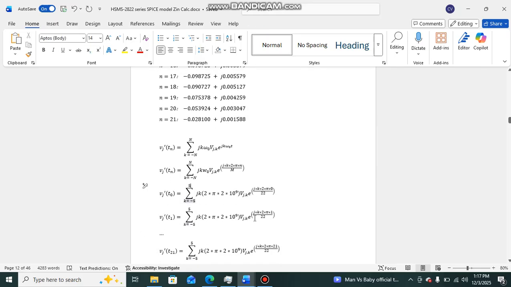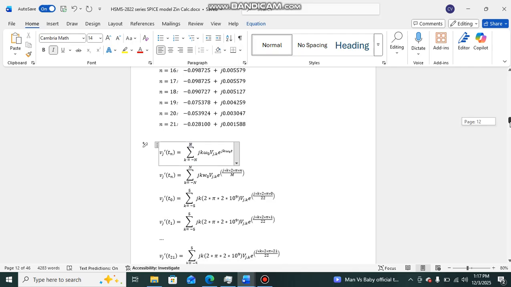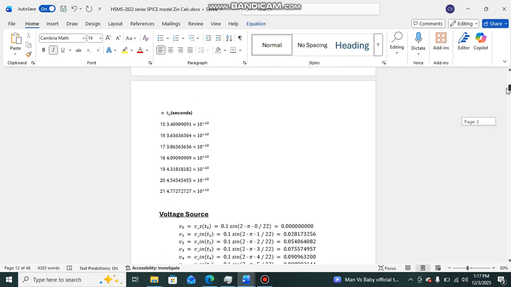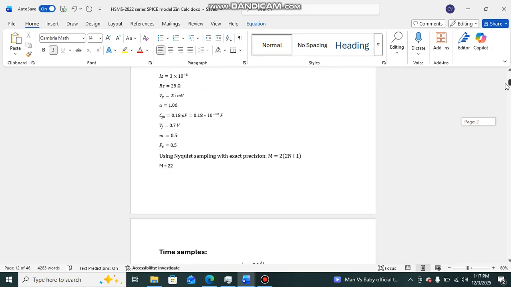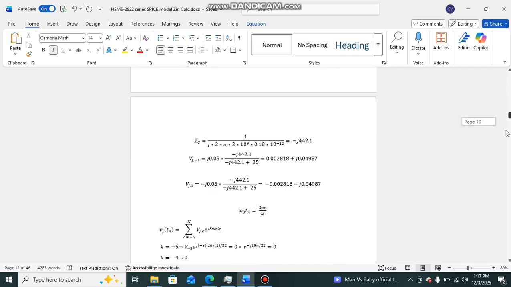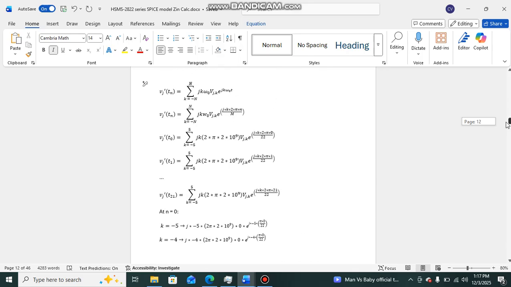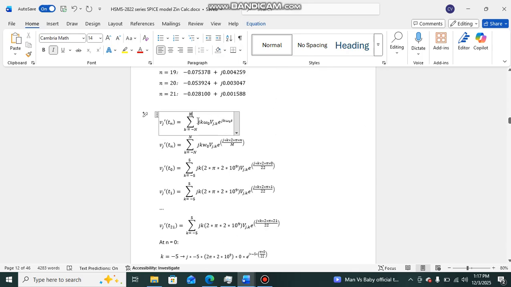And now we need to get the derivative of the junction voltage, because that is part of our Kirchhoff's current law. With the capacitor, we need to find the derivative of the capacitor voltage. So we get this equation right here.